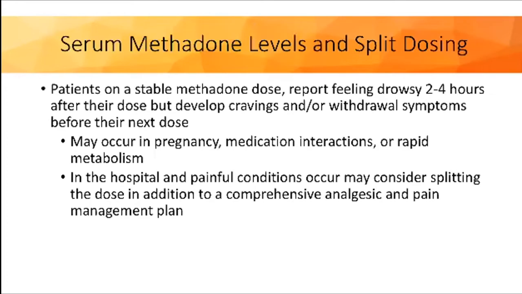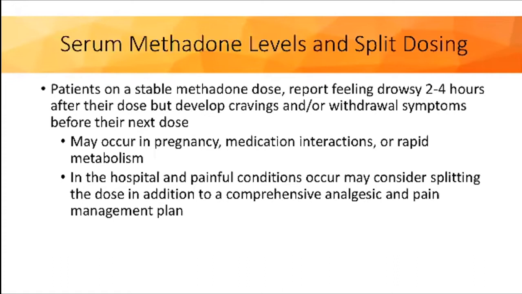This is what I had alluded to before. Serum methadone levels and the consideration of split dosing. So some patients, when on a stable methadone dose, report feeling drowsy 2 to 4 hours after their dose, and then can have this rapid metabolism, developing cravings and even withdrawal symptoms before their next dose.